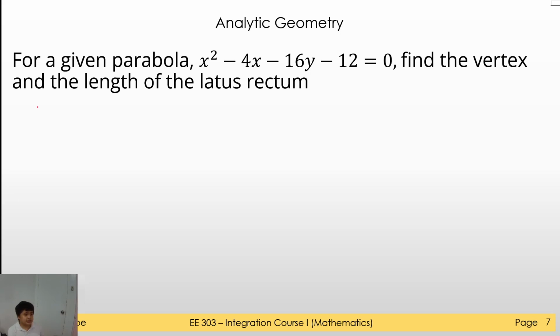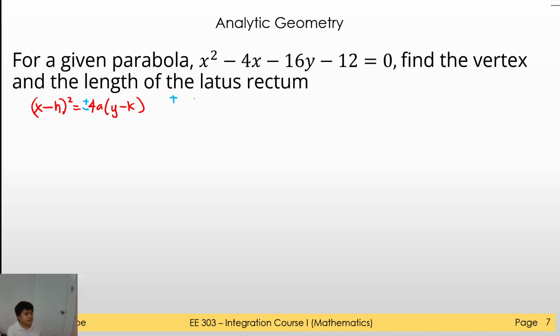So if it is a vertical parabola, we have x minus h squared is equal to 4a times y minus k. Actually this should be positive or negative, depending on.